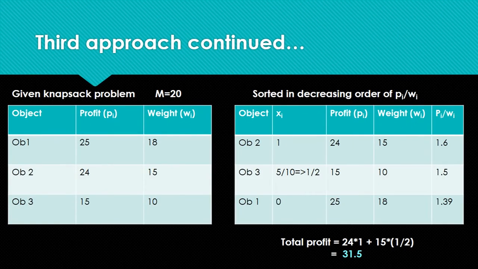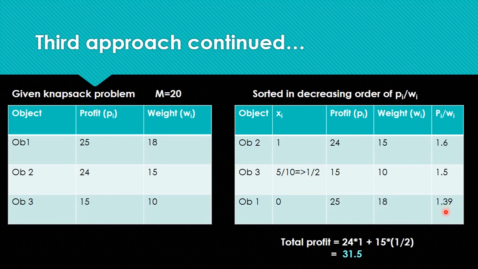Now let's solve the given knapsack problem using this approach. The data is given. Now we will find the P by W ratio. For object 1 it's 1.39, for object 2 it's 1.6, for object 3 it's 1.5. Next we sort this data in decreasing order of P by W. So object 2 will be taken first, then object 3, then object 1.